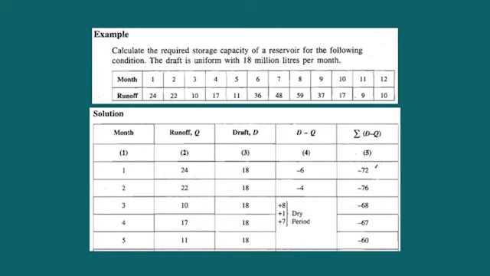So we will calculate D minus Q, and then we calculate the cumulative value of D minus Q in column 5. All these calculations are shown in the figure, and here also we put all these values.